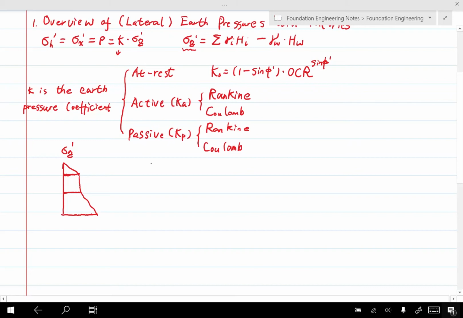Then we get sigma h, or p, equals sigma z prime times, let's use x to avoid confusion, times k. So this is the distribution of the lateral earth pressure.